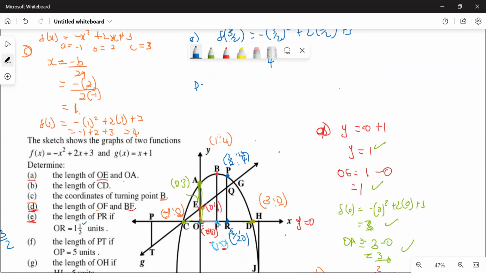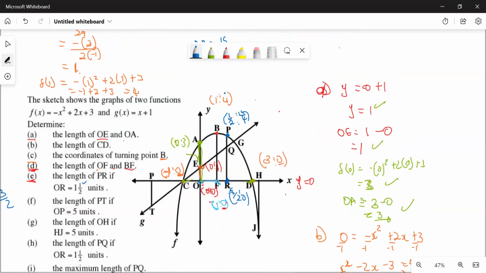So PR is going to be equal to 15 all over 4. It's like you're playing a puzzle.